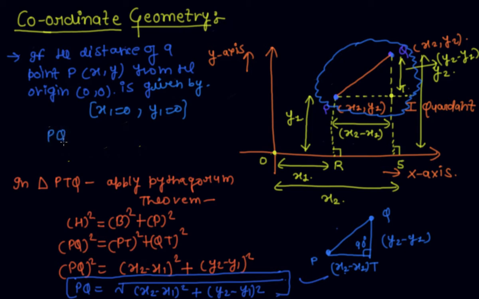So the distance of point from origin is under root x square plus y square. So this formula is used if you find the distance of a point P whose coordinate is x, y from the origin point 0, 0, it's given by this formula. So I hope you understand the distance formula. So I discuss an example in next page.